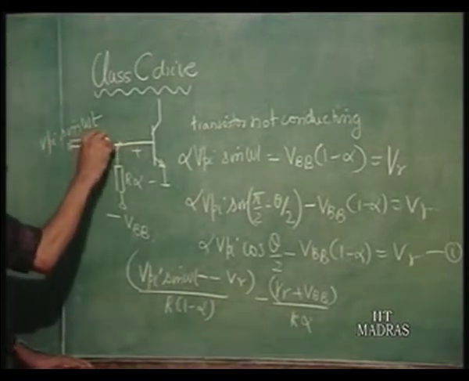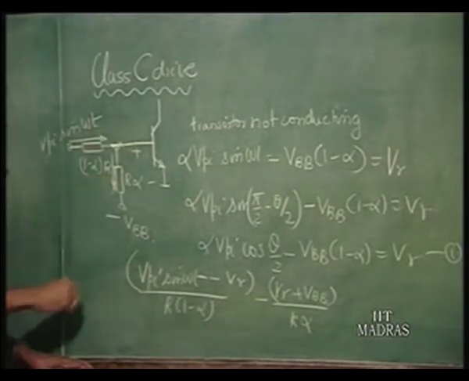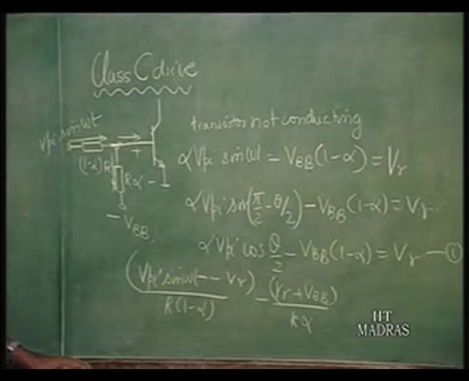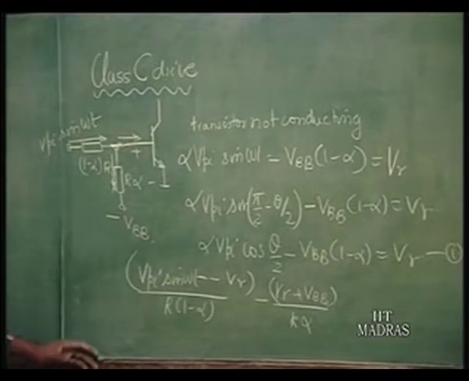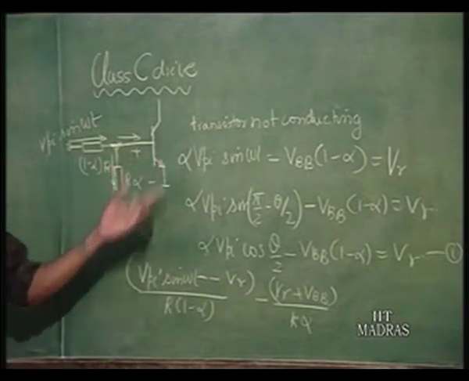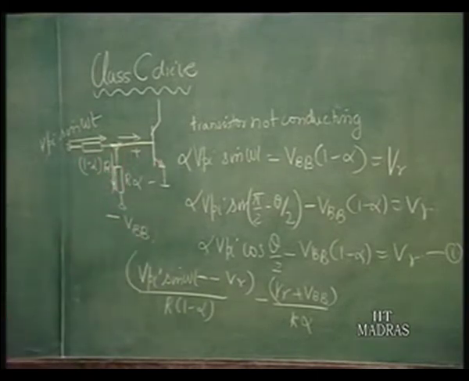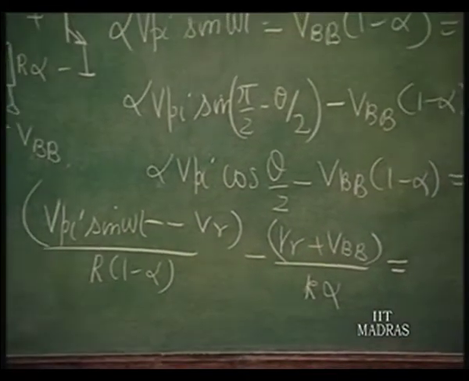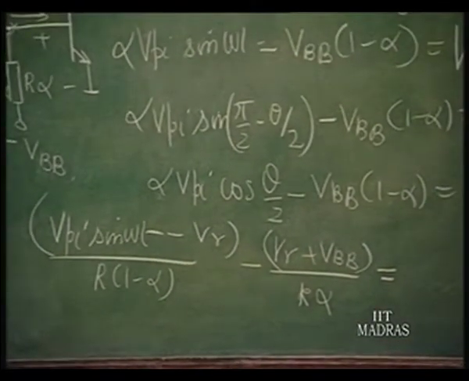So, this current is going in, this current is going out. So, effectively there is some current going into this. So, this is the current waveform going into the base, and that should be equated to the current pulse during that duration.